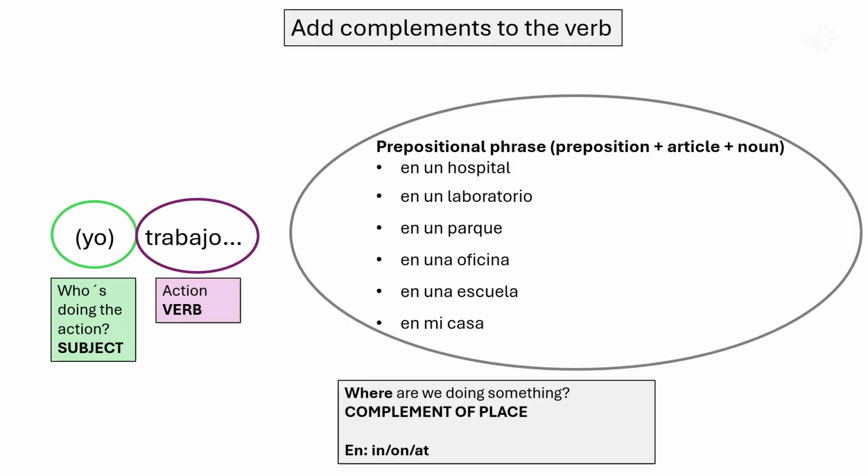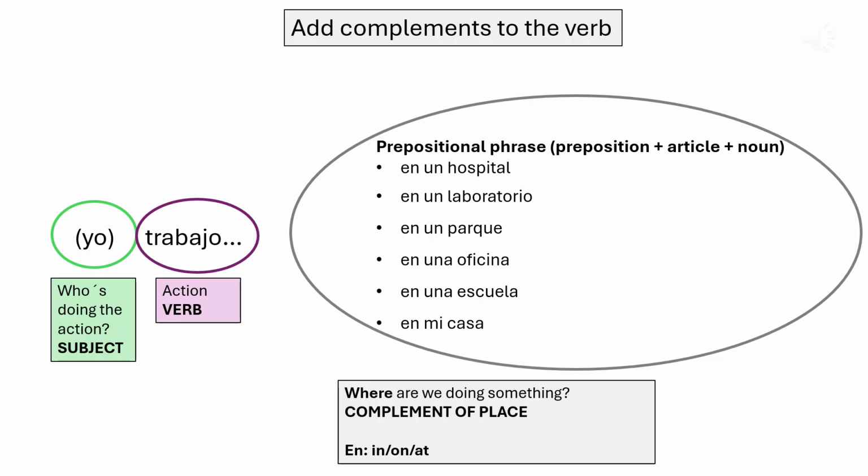Remember that we don't pronounce every individual word separately, but we run them together. If I was going to pronounce it individually, for example, the first one, it would be yo trabajo en un hospital. En un hospital. But I'm not going to pronounce word by word individually.